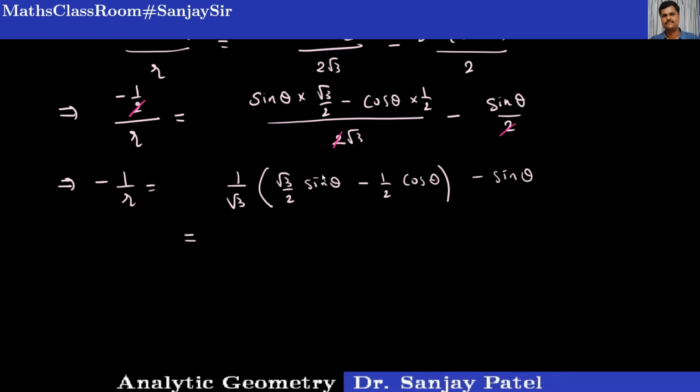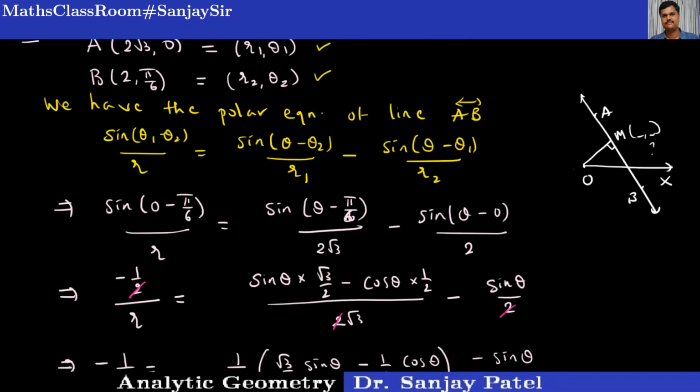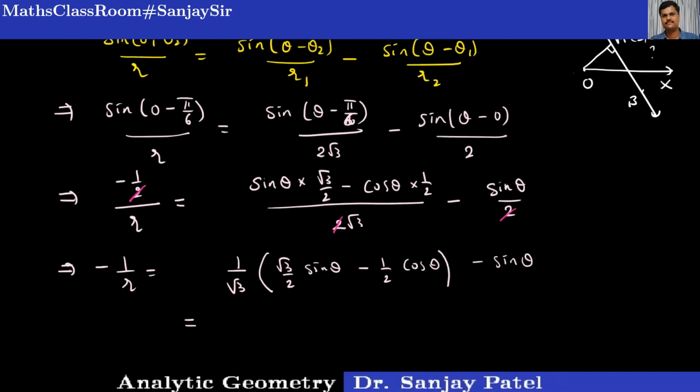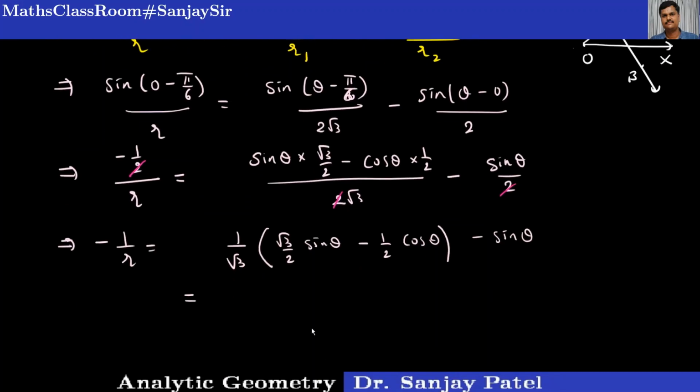Sine theta, so let us simplify first. This is equal to 1 by 2 sine theta minus 1 upon 2 root 3 cos theta minus sine theta. Okay, so what I will get here is minus 1 by 2 sine theta.